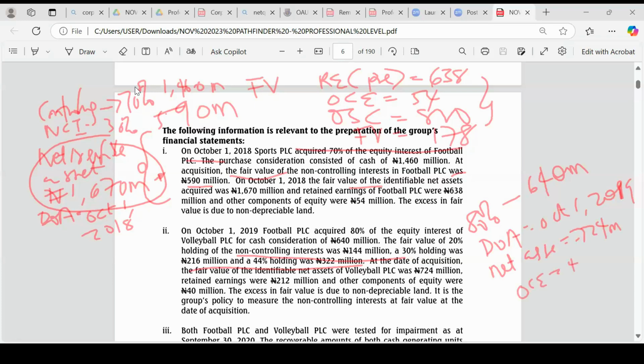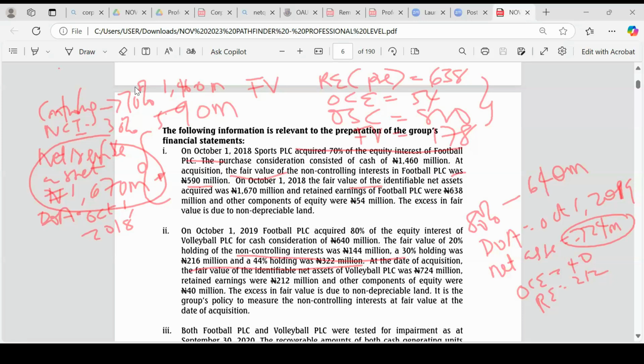So from here, I know I'm going to have a similar calculation to what I did. I go back to ordinary share capital. Whatever the ordinary share capital is, if I add them together, this 724 is going to be higher than it, because the excess in fair value is due to non-depreciable land as well. Thank God I don't have to depreciate.